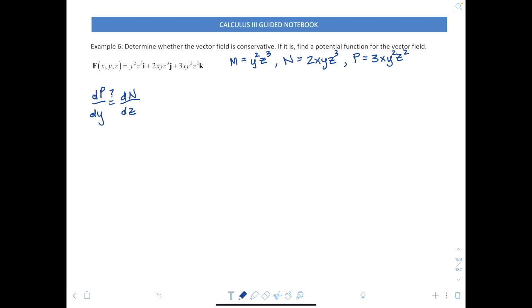So dP/dy is going to be 6xyz squared, and dN/dz would be 6xyz squared.